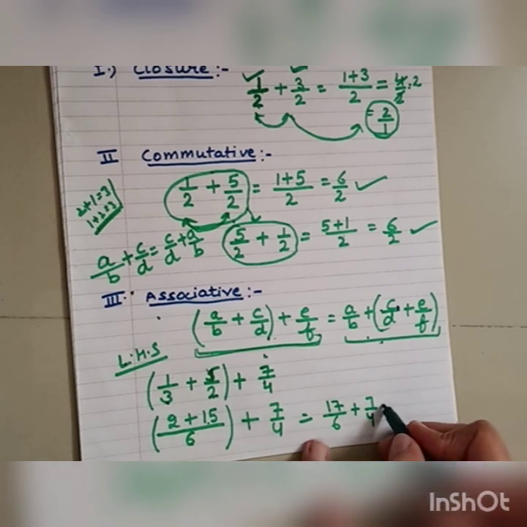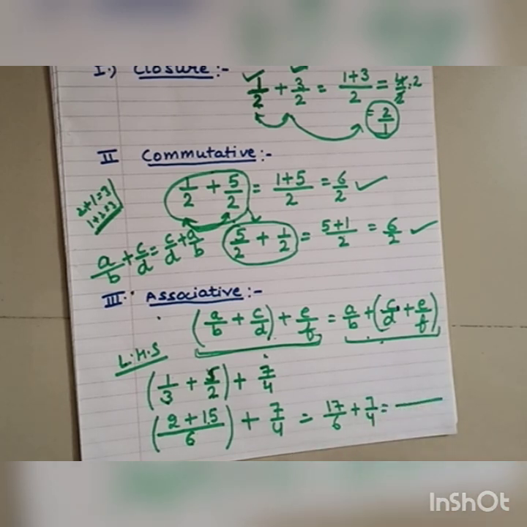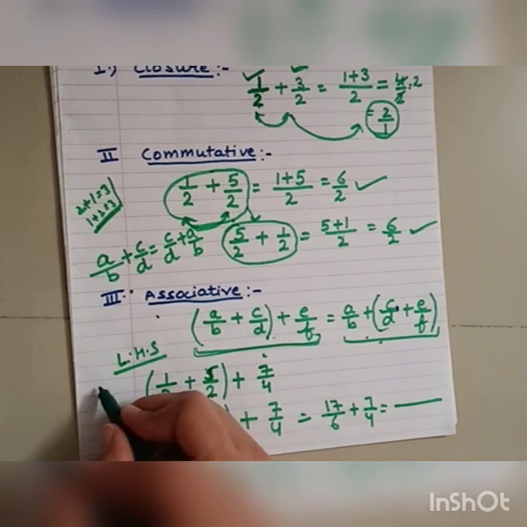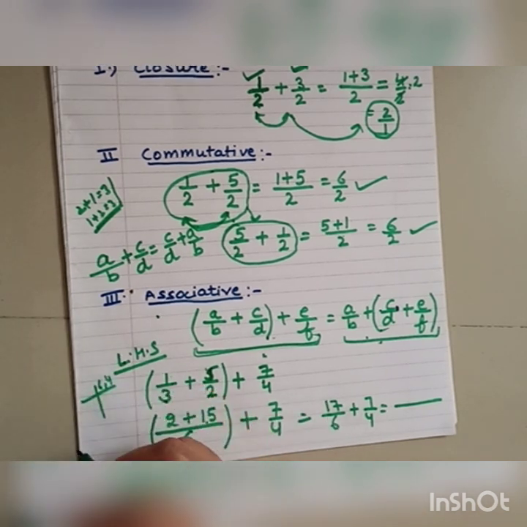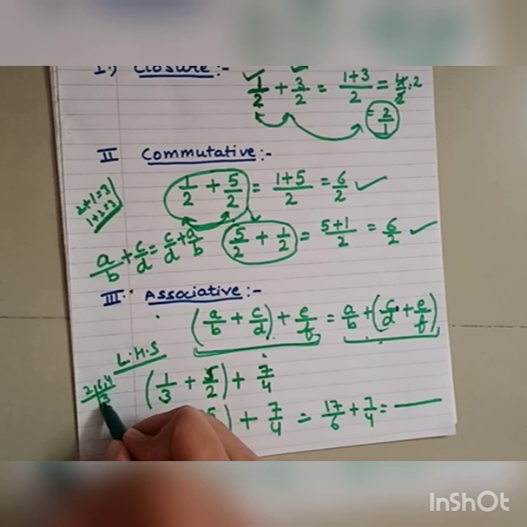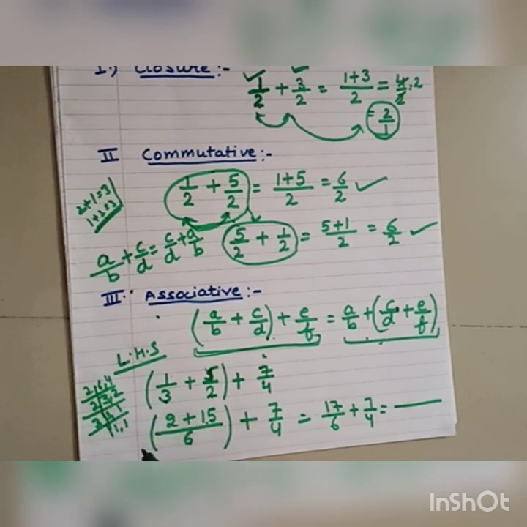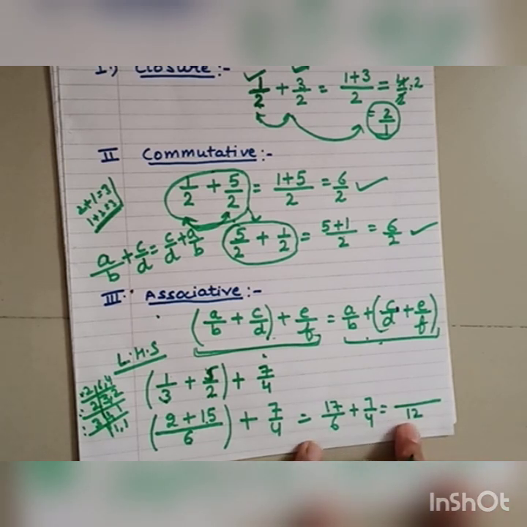Okay, now take the LCM of 6 and 4. You know how to take the LCM. Like this, 2 threes are 6, 2 twos are 4, 2 ones, and then 3 ones. Now multiply these: 2 twos are 4, 4 threes are 12. LCM is 12. 6 twos are 12.